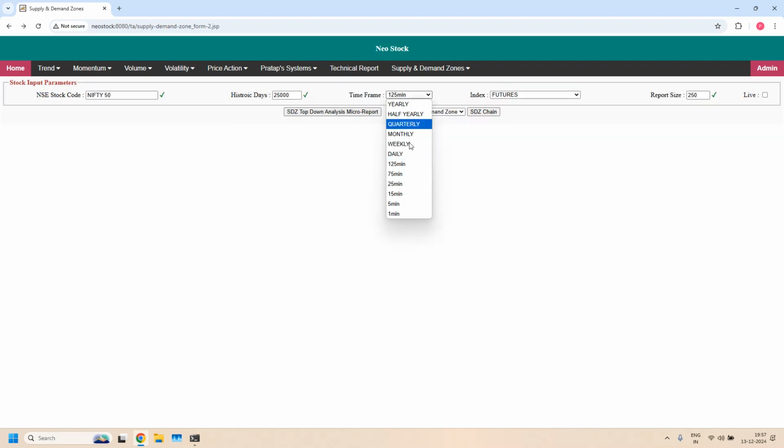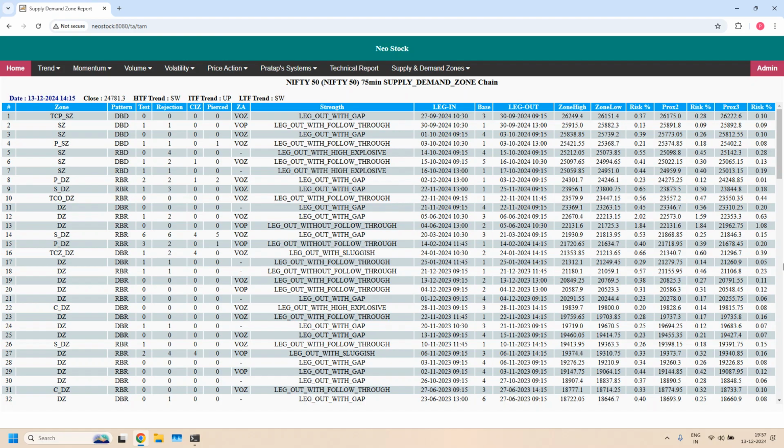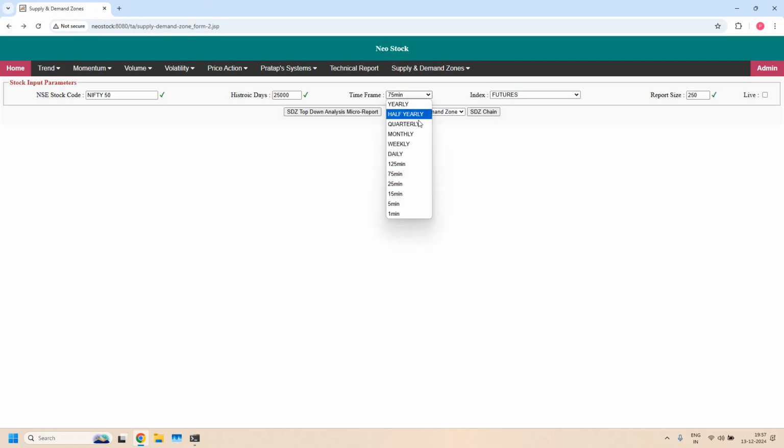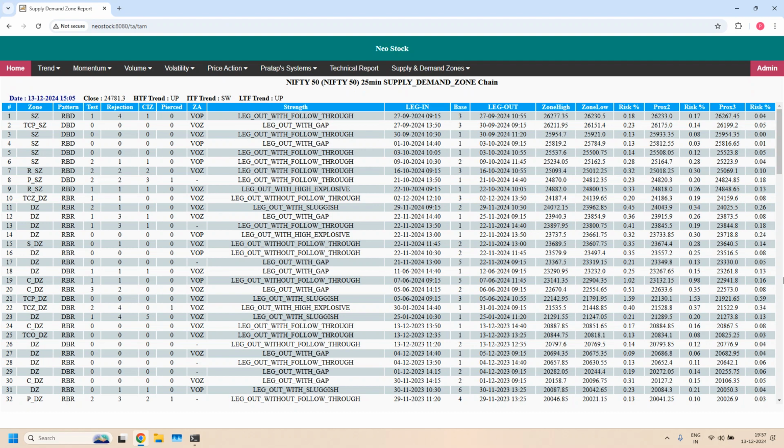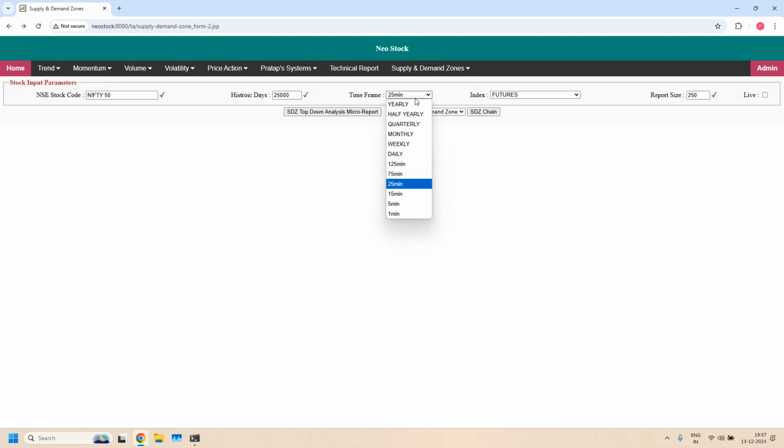Next, 75-minute supply demand zone chain for Nifty. Next, 25-minute supply demand zone chain for Nifty. Next, 15-minute supply demand zone chain for Nifty.